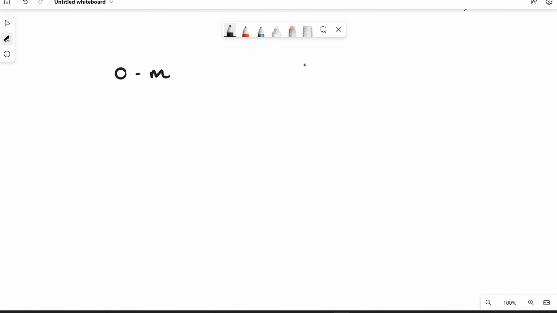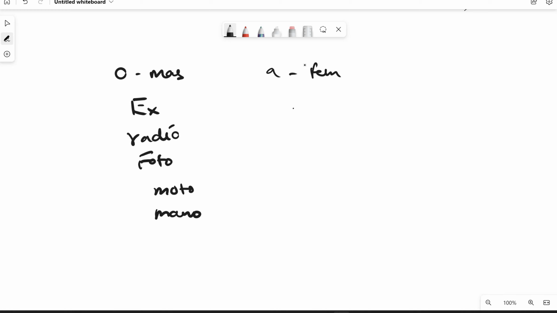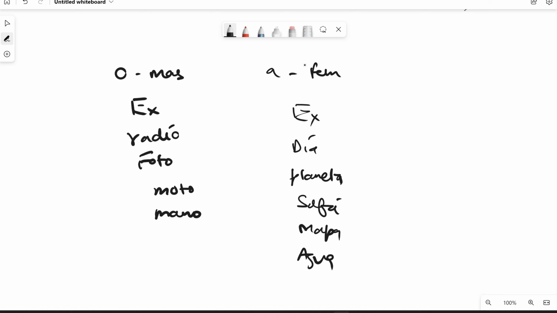So once again, let's go through all this. O ending nouns are masculine. Exceptions are radio, foto, moto, mano. A ending nouns are feminine. Only exceptions are día, planeta, sofá, mapa, agua.